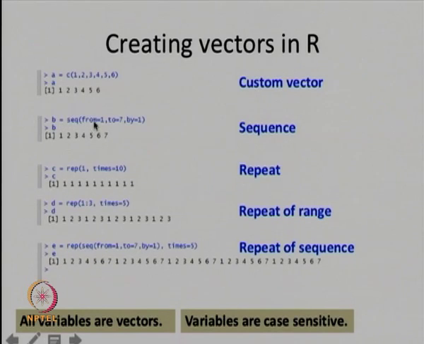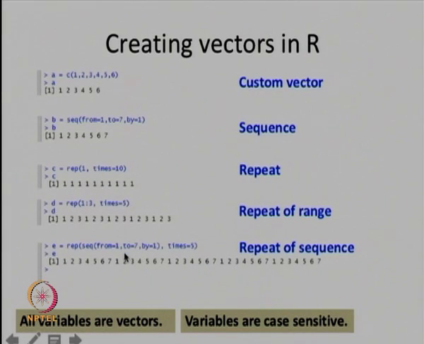I can write from 1 to 7 by 1, which means I want a sequence increasing in units of 1. You can repeat it: 1 repeated 10 times, or repeating a range. Similarly, for a sequence you can do this.